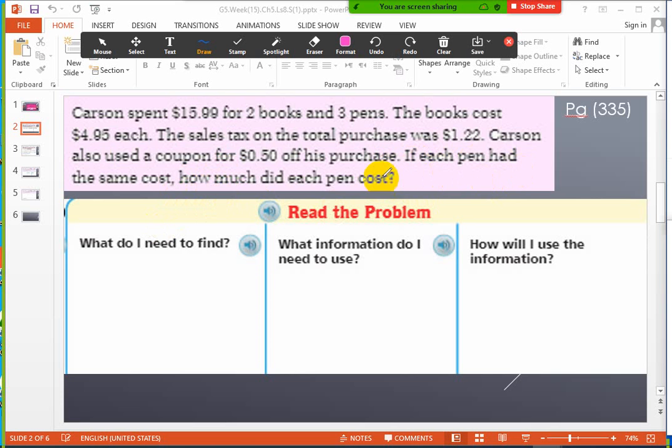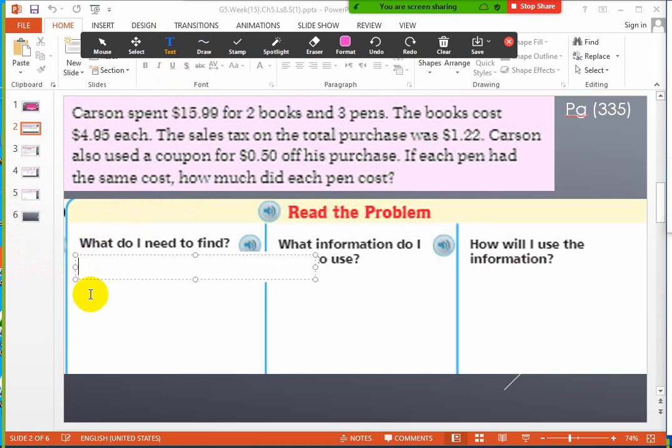If each pen had the same cost, how much did each pen cost? So this is what I need to find. I need to find the cost of each pen.